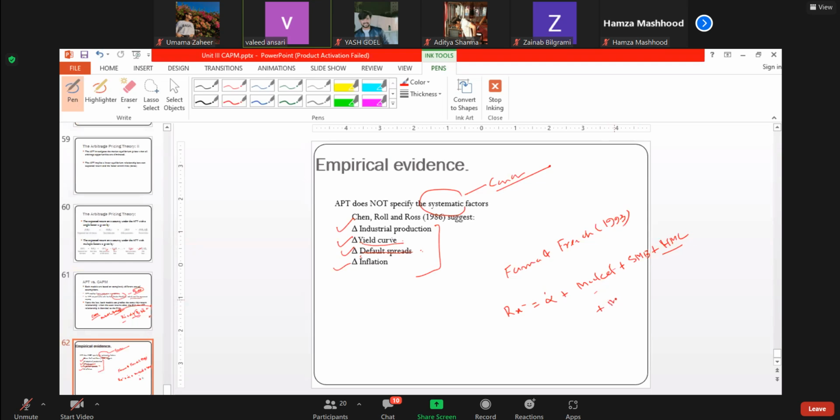Then further factors have been added like momentum, those stocks which have performed well. And then we also have liquidity-adjusted models. So there is a long list of factors.